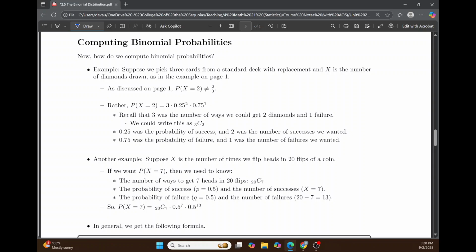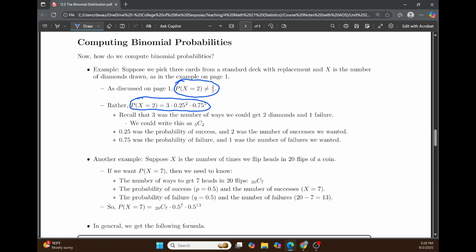As we discussed on page 1, although we didn't use these particular symbols, the probability of getting exactly 2 diamonds, in other words, the probability X equals 2, is not the same thing as 2/3. Instead, the probability that X equals 2 was 3 times 0.25 squared times 0.75 to the first power.